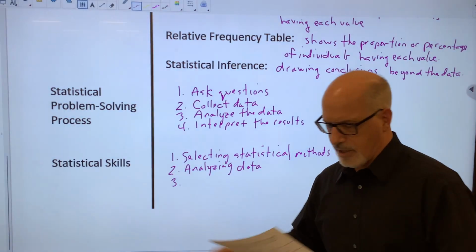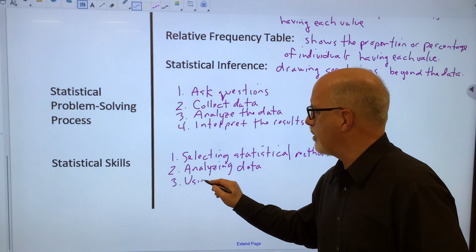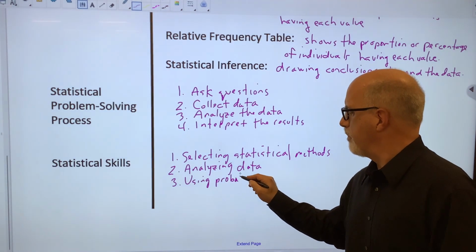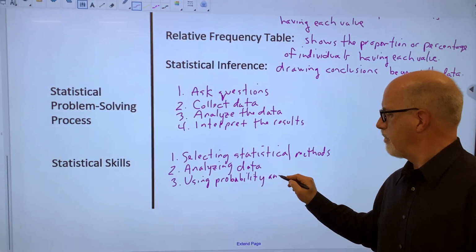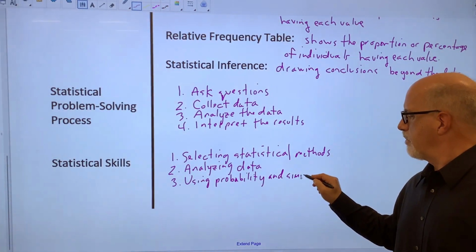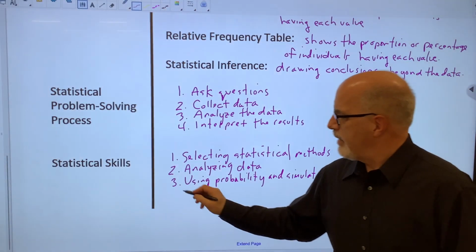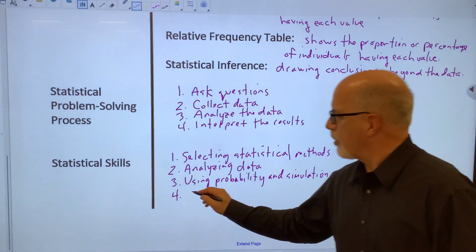Okay, the third skill we're going to work on is using probability and simulation. That will come a little later. And then the fourth one that we'll use will be making statistical arguments.